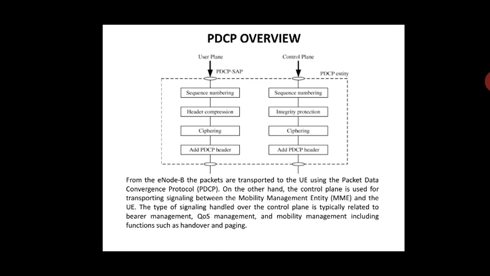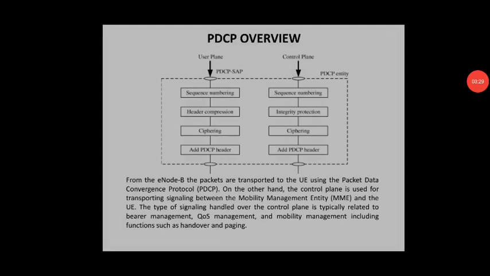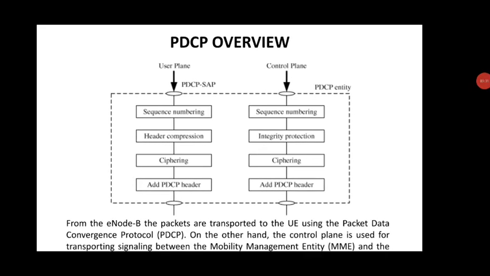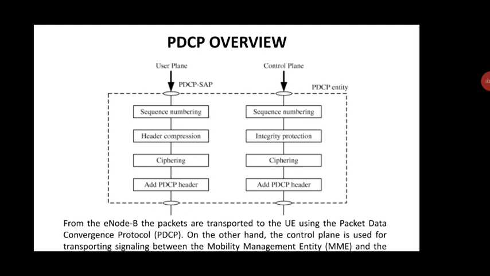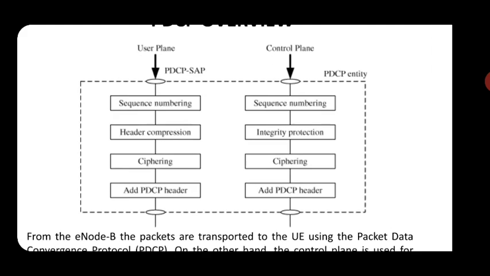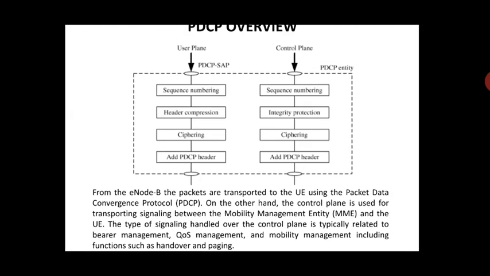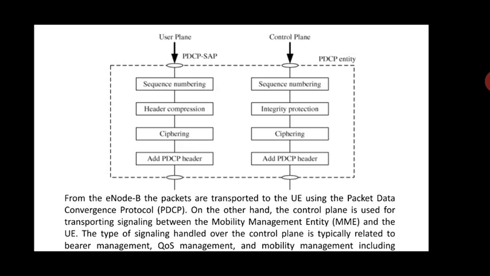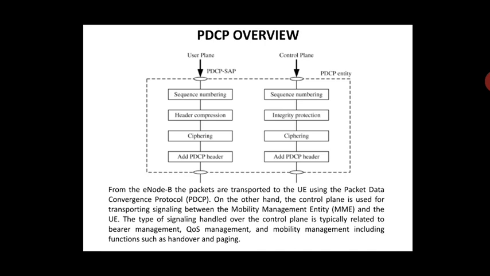PDCP is used only for radio bearers mapped on DCCH and DTCH logical channels. I hope you can see how the PDCP has been given in the user plane and the control plane. In the user plane we have sequence numbering, header compression, ciphering, and adding a PDCP header. In the control plane, sequence numbering, integrity protection, ciphering, and adding a PDCP header.